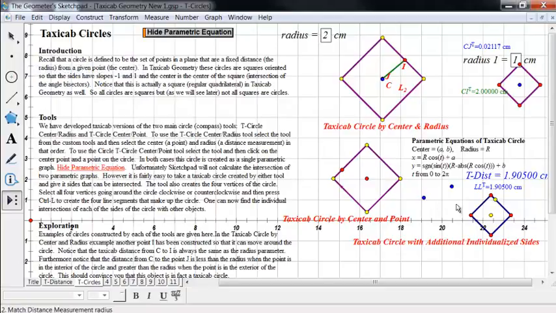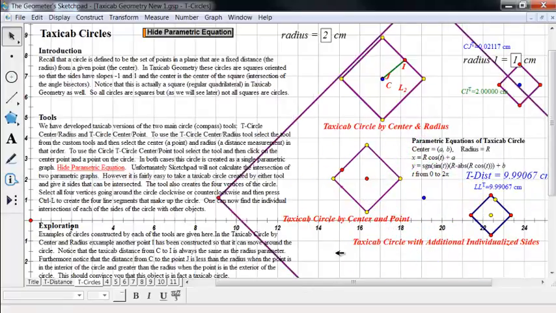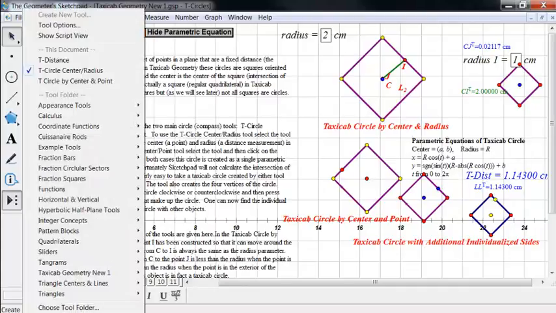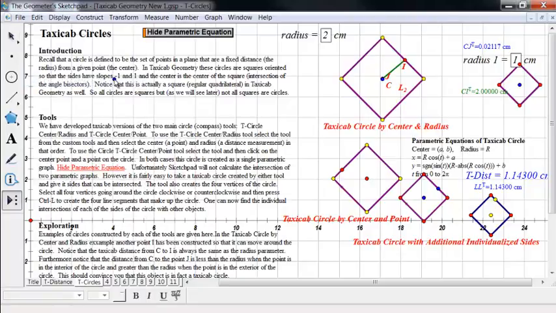We pick one of these to be the center and click the radius, and now we have it, but notice it's based on this point here, which we can move around the taxicab circle, and move it anywhere we want. So now we have a circle that's based on those 2 points. Then we use that to generate a new tool, and that's the tool here that says by center and point, like this.